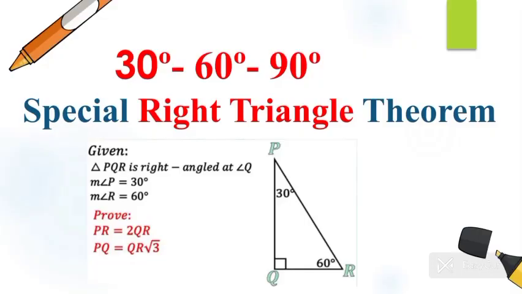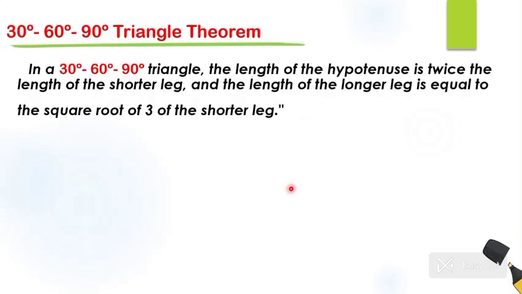In this video, I am going to discuss the proving of the special right triangle theorem, or what we call the 30-degree, 60-degree, and 90-degree triangle. In this theorem, we shall encounter unequal lengths of the sides. This is why we will name the non-hypotenuse sides as either the shorter leg or the longer leg, rather than just saying the legs.